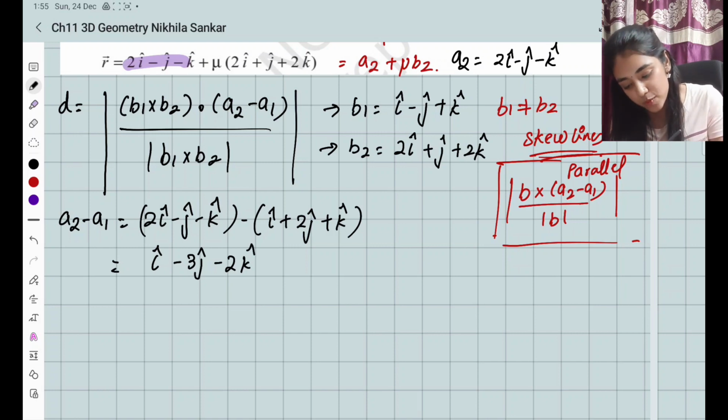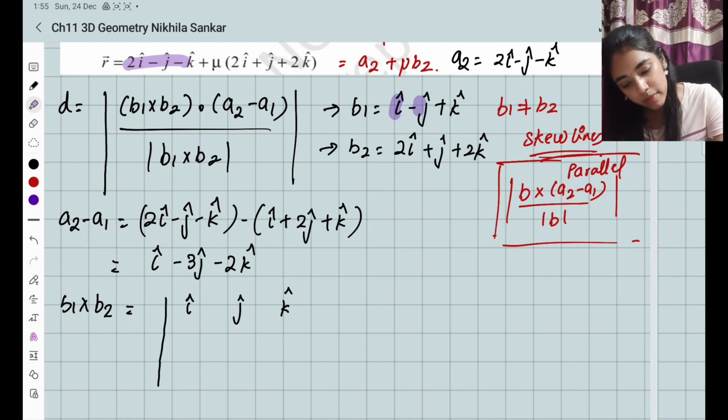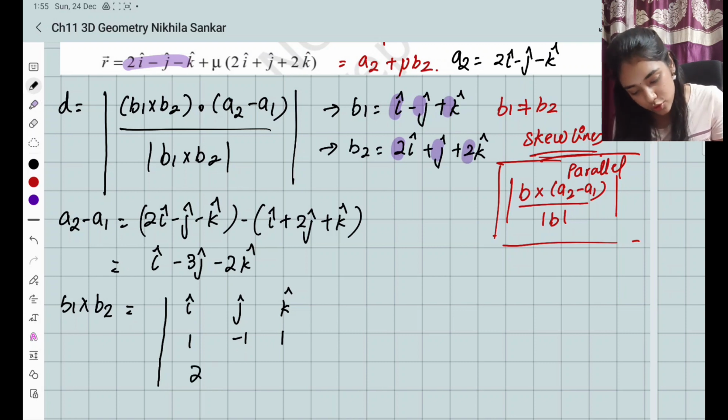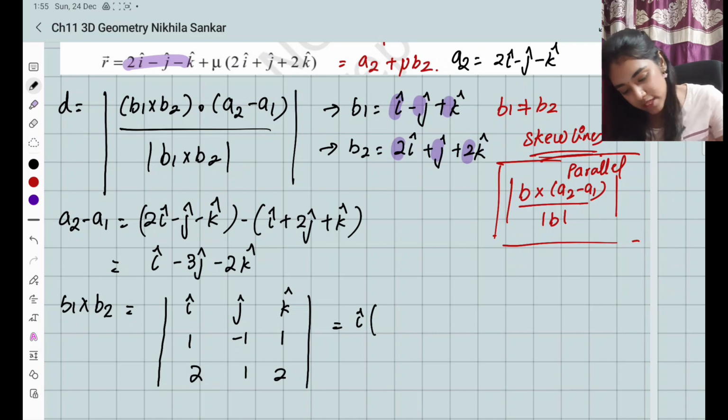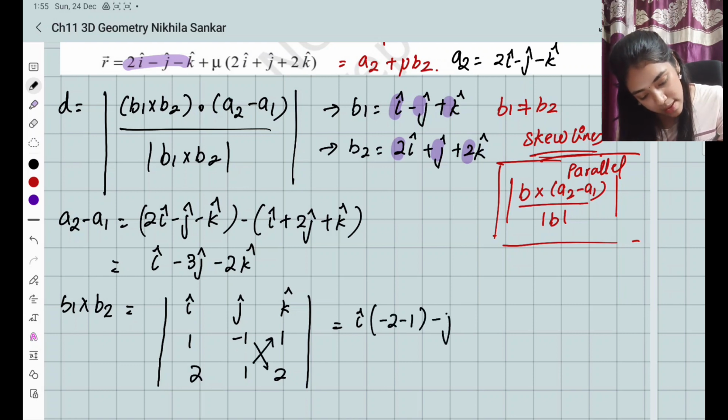Now, what is B1 cross B2? I'll find the cross product. So B1 cross B2 is going to be, I have to write the determinant I, J, K. What comes in the first row? 1, minus 1, 1. And the second row, 2, 1, 2. When I find the determinant, I have I cap times minus 2 minus 1, so minus 2 minus 1. Then minus J cap.